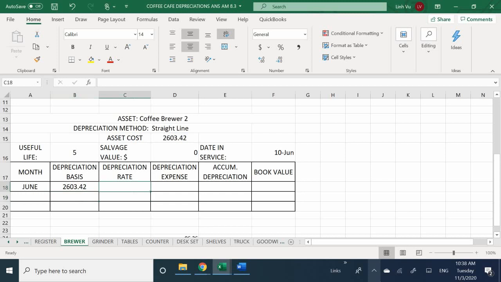Okay, what's my depreciation rate? 0.2. 0.2 should be correct because it's 1 over 5, which should give you 20%, right? So what's my depreciation expense going to be for the month of June?